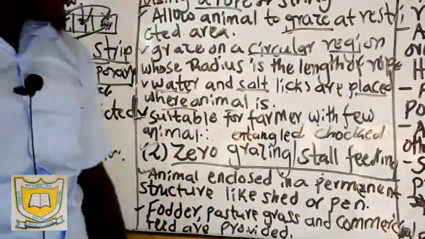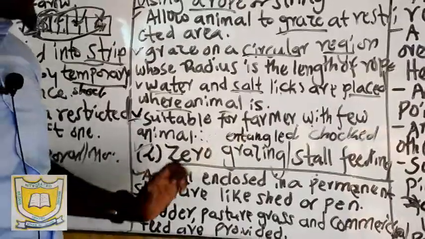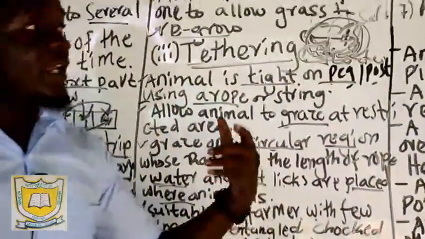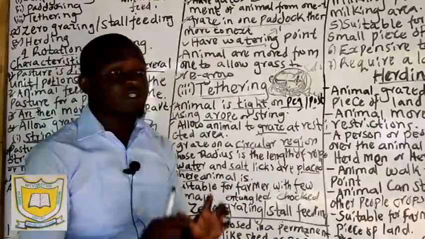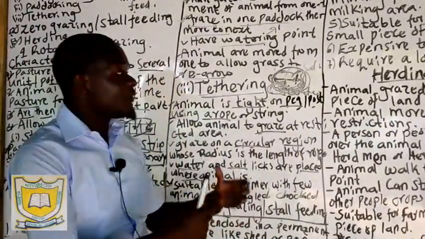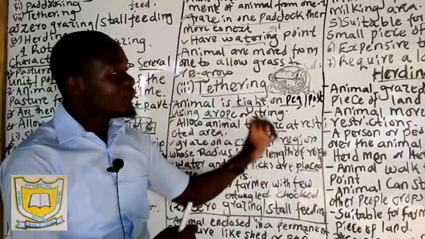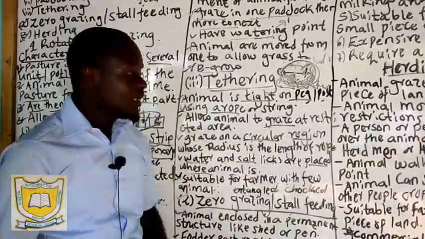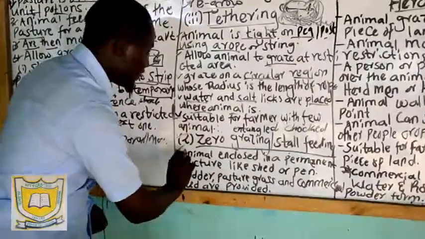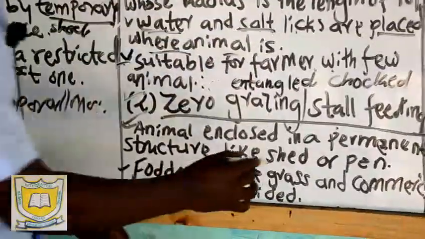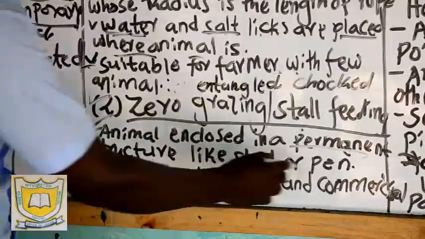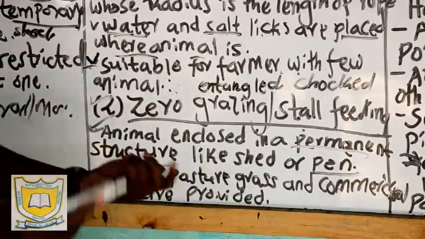The first characteristic is that in this area we have what we call a shed or a permanent house. This permanent house is only meant for keeping the animal, feeding the animal, and provision of feeds to that animal. The animals are enclosed in a permanent shed, or a permanent structure, or a calf pen.